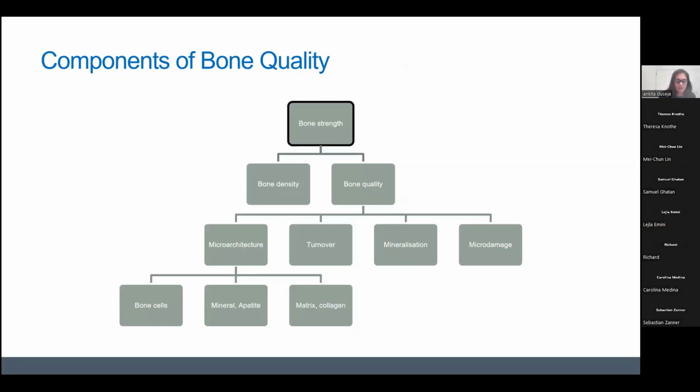Bone quality is comprised of 4 main characteristics: the bone microarchitecture, bone turnover, mineralization of the bone tissue, and the accumulation of microdamage and development of microcracks. In my talk further on, I'm going to be focusing on bone turnover, and this bone turnover is actually found to be related to these other facets such as microarchitecture, mineralization, and microdamage.